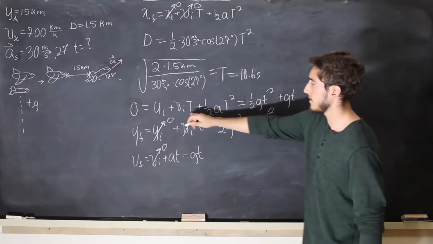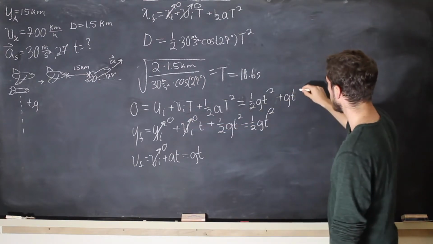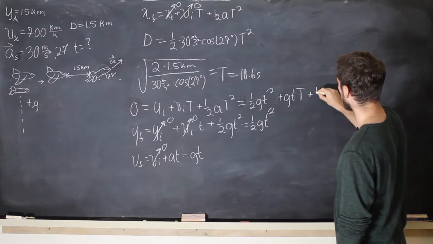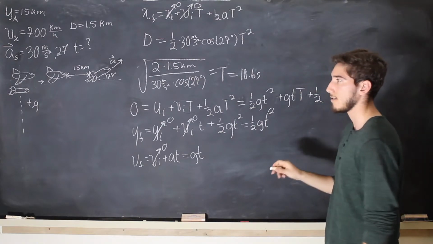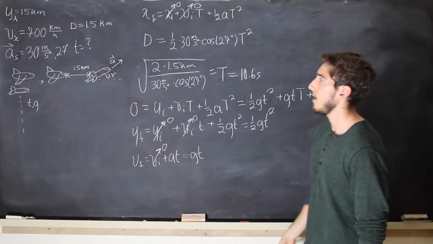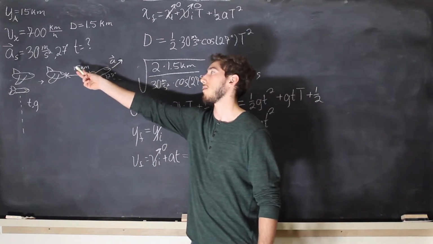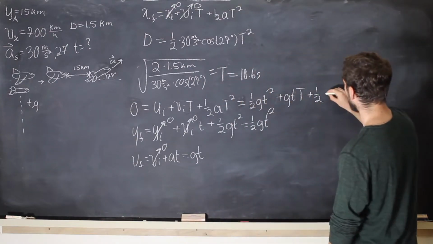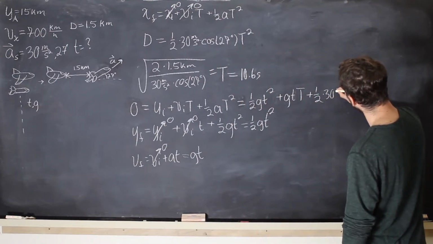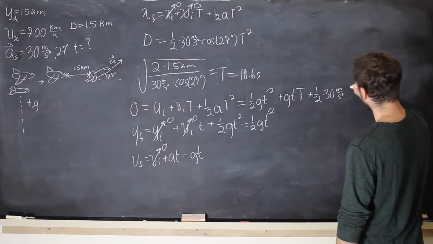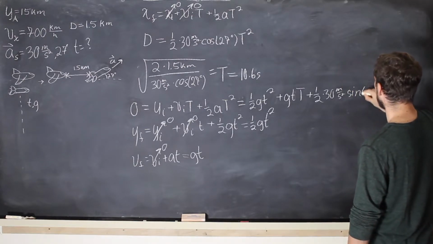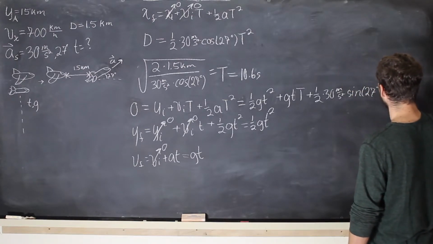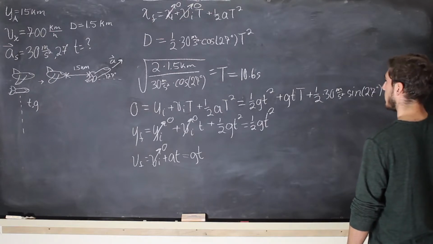And then multiply t, big T, plus 1/2. And since this is the acceleration in the y direction, it's going to be the acceleration from the thrusters except in the y direction. So it'll be the magnitude times sine of 27 degrees t squared.